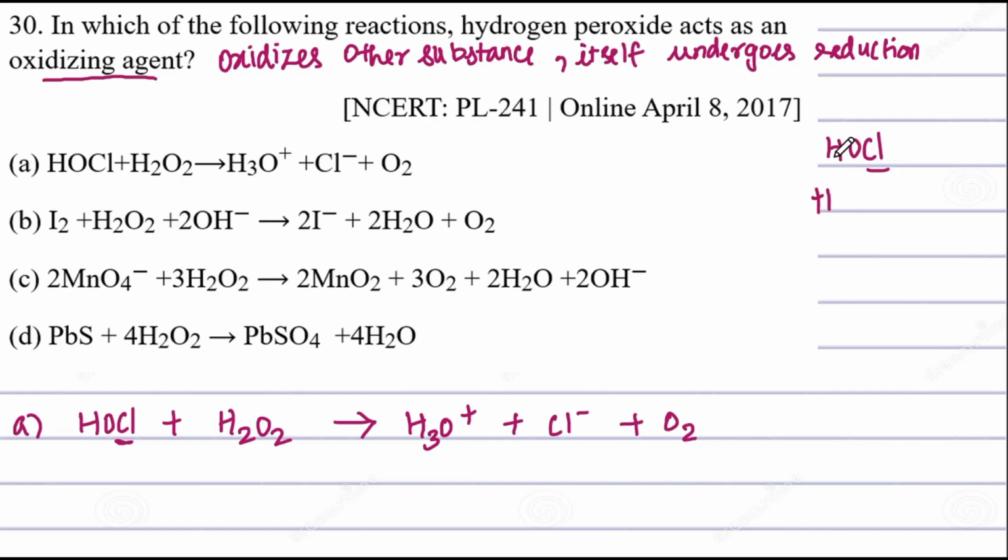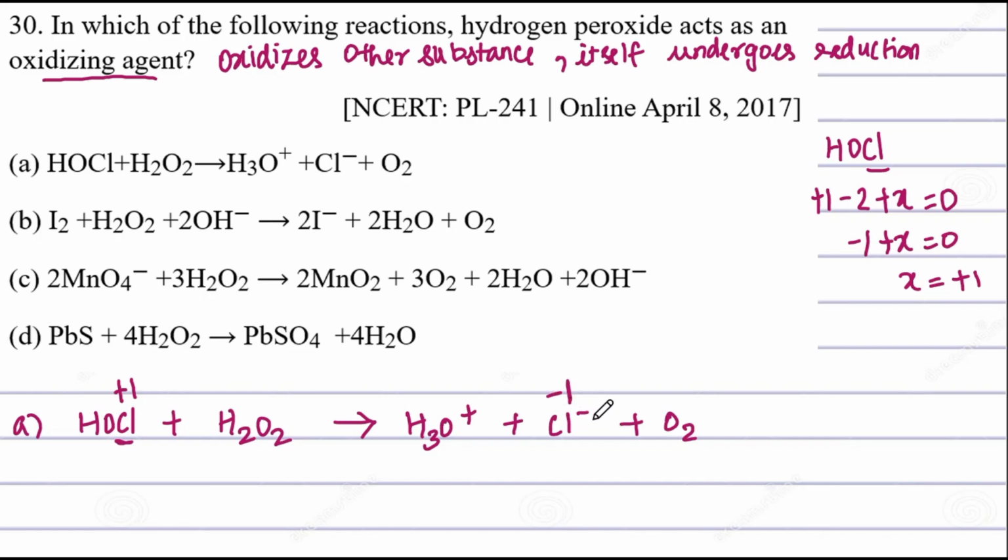The oxidation state of hydrogen is plus 1 and for oxygen it is minus 2. Then for the unknown element it is x and everything equal to 0. So minus 1 plus x equal to 0 and the value of x is plus 1. So the oxidation state of chlorine is plus 1. Then in the product chloride ion is present, Cl minus is present.